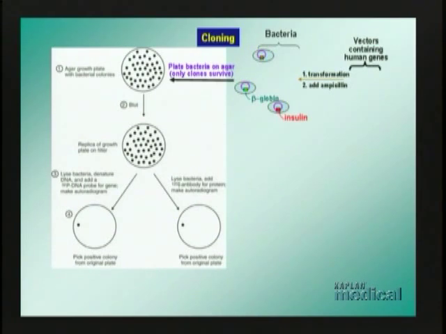But let's assume this is the E. coli right here. This is E. coli that sat down on this piece of the agar dish and formed a colony. So this is a colony of E. coli that harbors the insulin gene. And let's assume that this E. coli, which has the beta globin gene, sat down right here on the agar dish and formed a colony. So this is E. coli that harbors the beta globin gene.